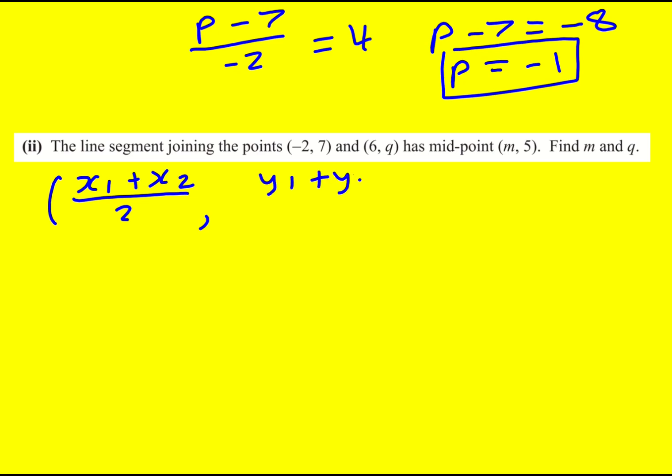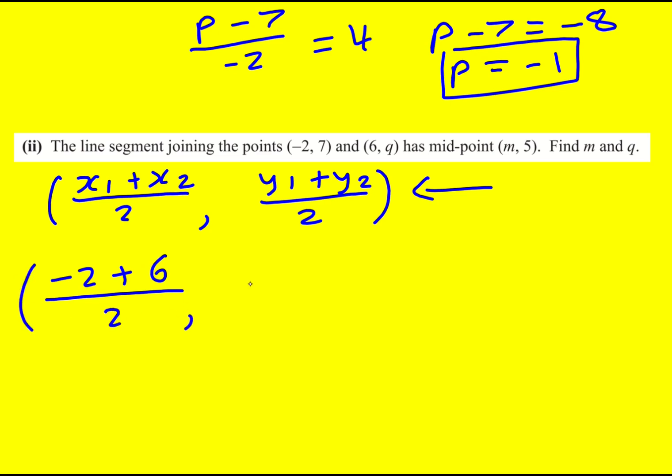And then y1 plus y2 over 2. Again, you could do it geometrically, but I think at this point you just want to stick it into this formula. So it's going to be minus 2 plus 6 over 2, and then 7 plus q over 2. And we're told that that is equal to m, 5.